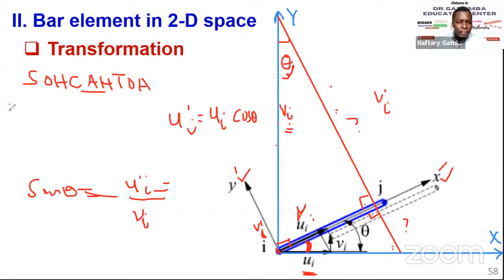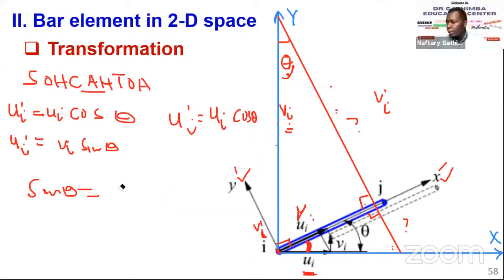So we are saying u prime i is equal to ui cos theta. And from here, you can see, again, when resolved in the vertical axis, ui prime is equal to vi sine theta. So far, so good. Very simple.